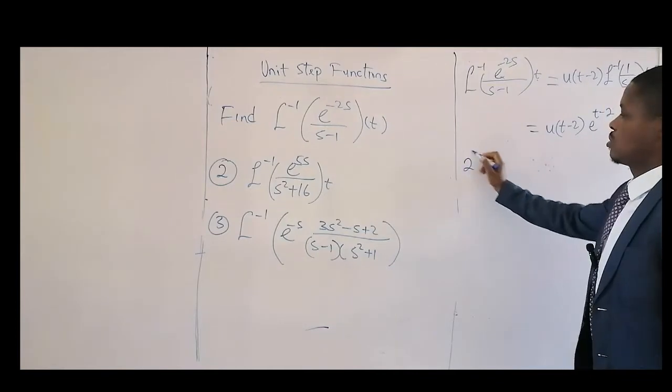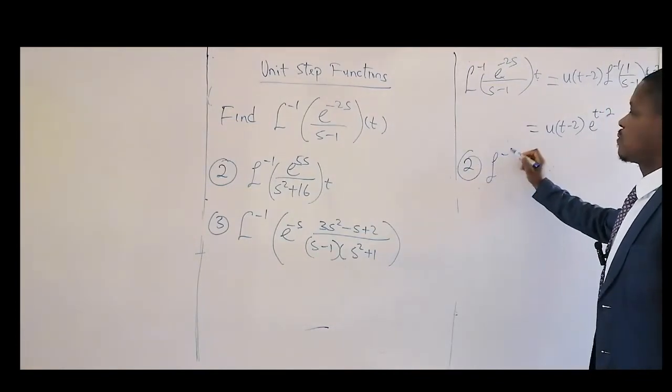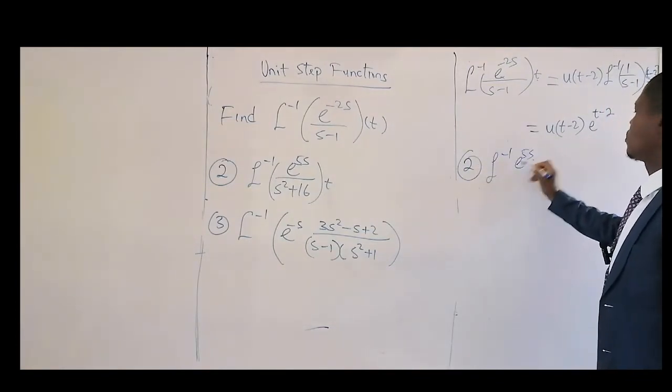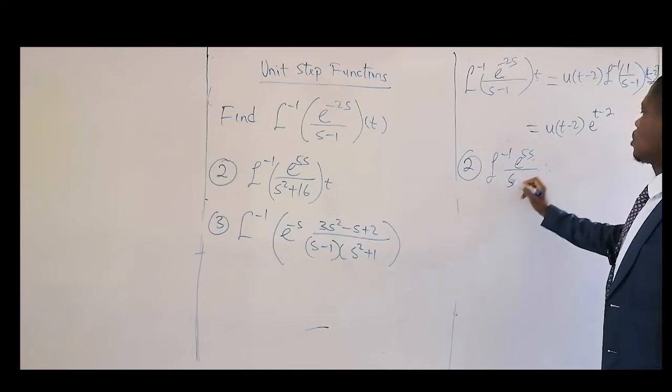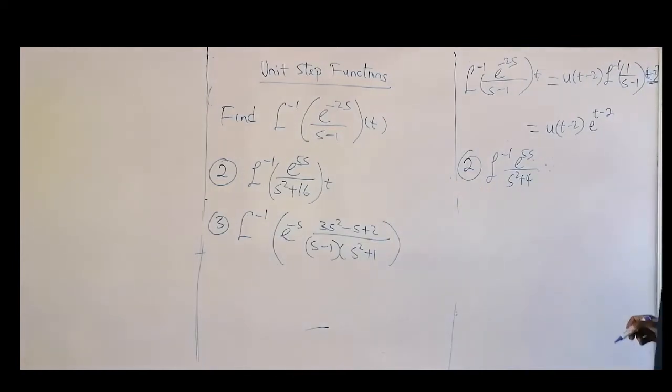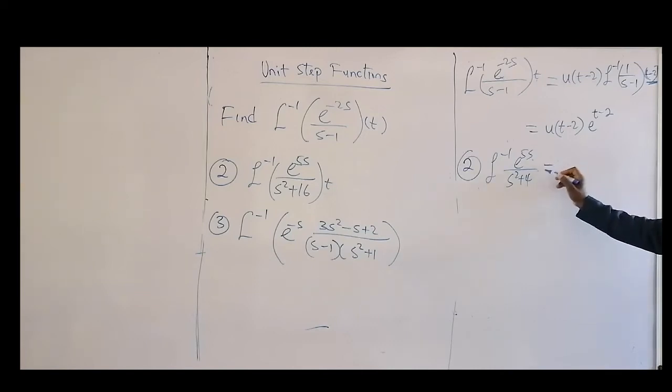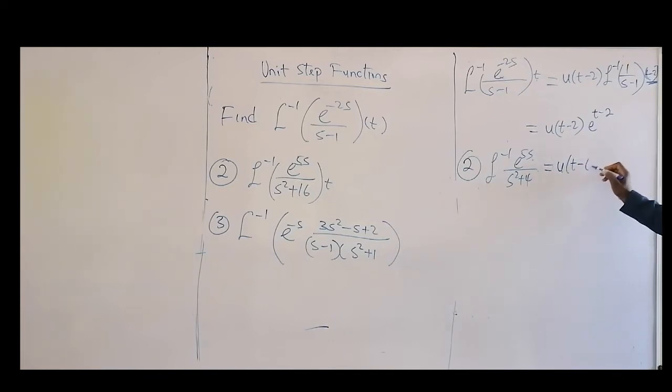Number 2, the inverse of e to the 5s all over s squared plus 4. So this will be equal to, ideally it is supposed to be minus, so it's going to be u of t minus what? Minus 5.